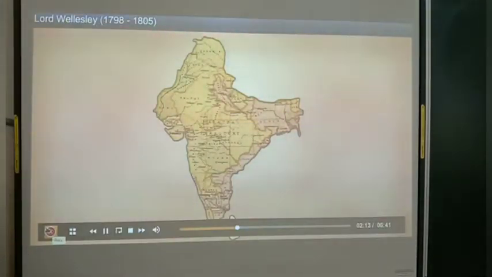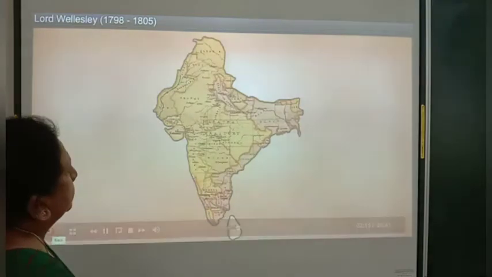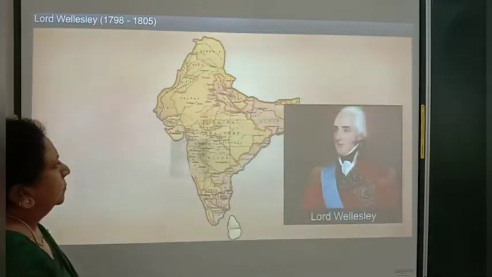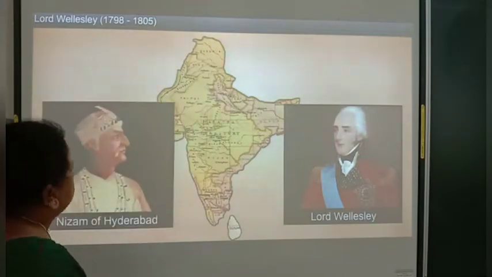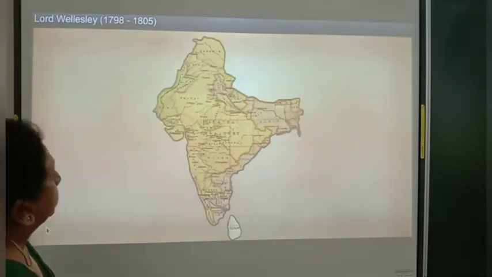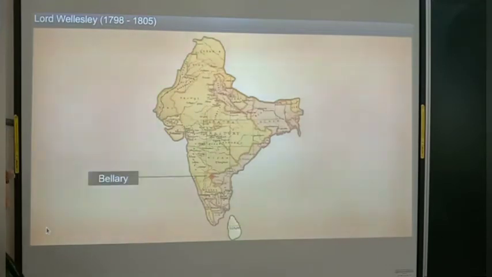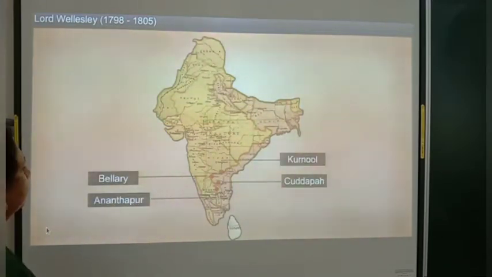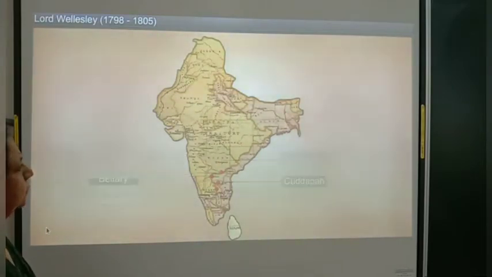The first Indian ruler to accept the subsidiary alliance offered by Lord Wellesley was the Nizam of Hyderabad. He ceded the districts of Bellari, Kadapa, Anandpur and Kannur to the British.